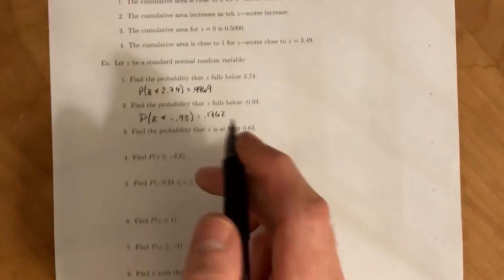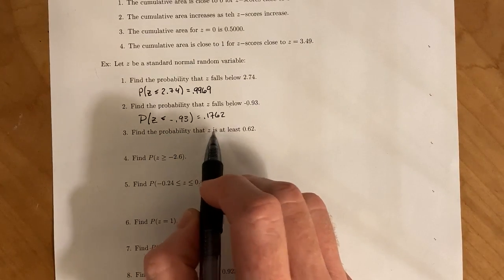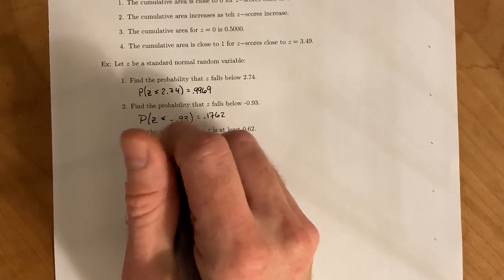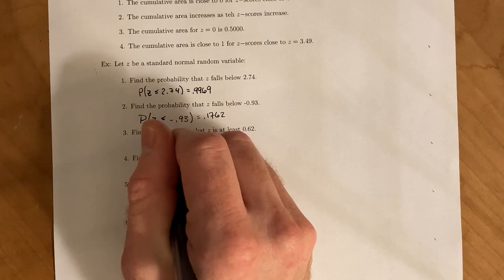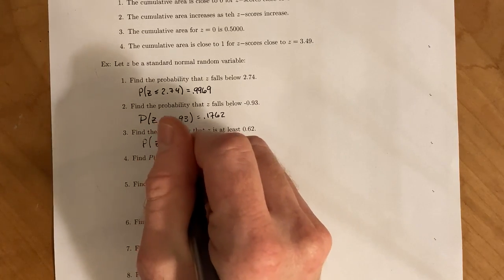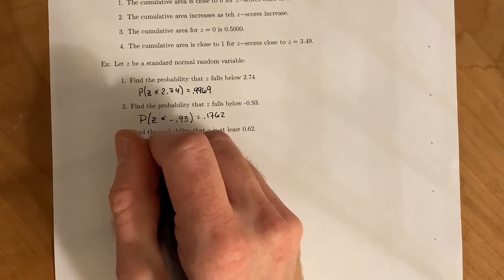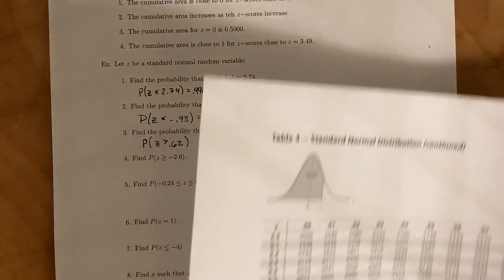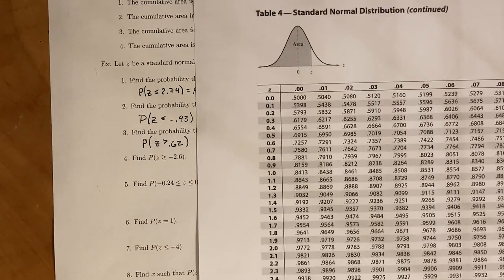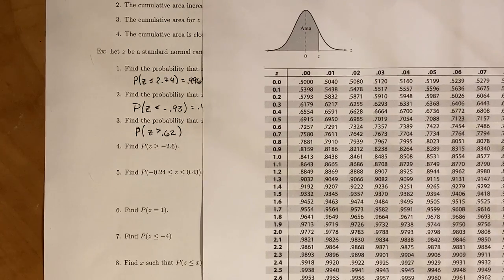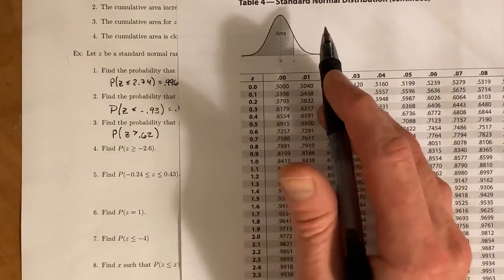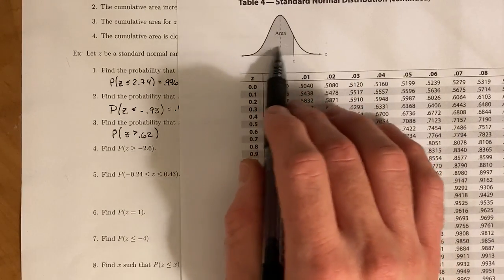The next question is to find the probability that z is at least 0.62. So we want the probability that z is at least 0.62. And here comes something that we have to make sense of. So again, we're going to use this positive chart. But notice that the picture at the top, the area is always shaded to the left.